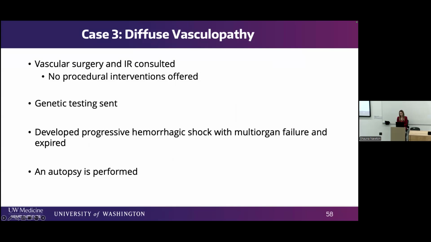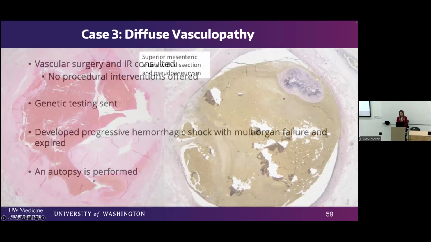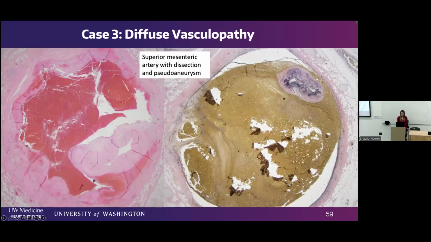And so an autopsy was performed. The immediate cause of death, I think, is pretty obvious. He had hemorrhagic shock, and his peritoneal cavity had about 3 liters of blood.